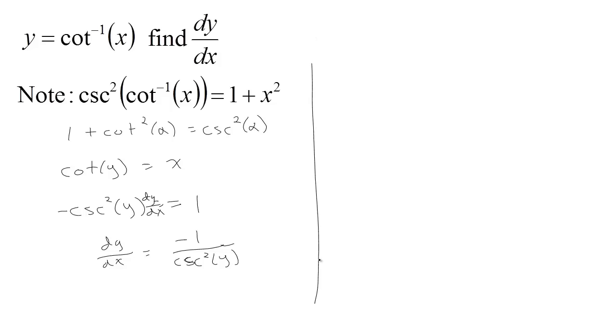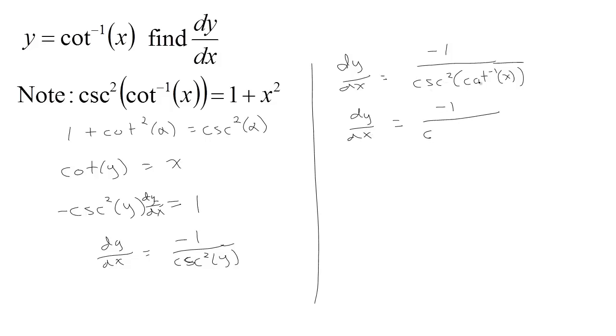But y is the cotangent inverse, so we have the cosecant squared of the cotangent inverse of x. And we know from this little note that we could show that the cosecant squared of cotangent inverse of x is 1 over 1 plus x squared.